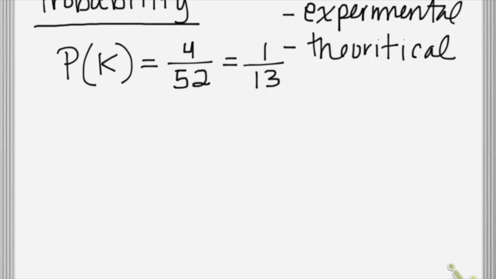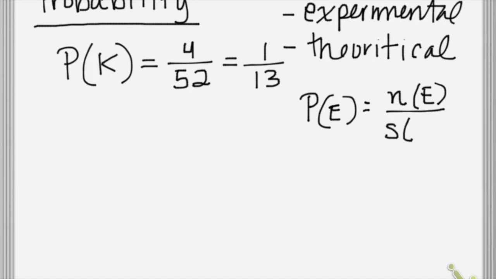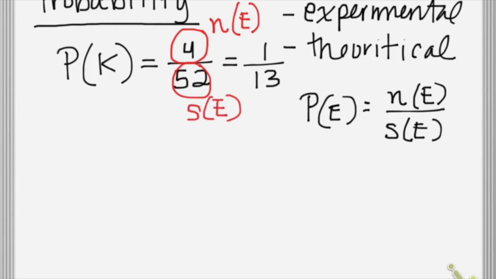In theoretical probability, we are filling in the equation for the probability of an event based upon the number of events that match a desired outcome over the total number of outcomes. So you can see that up here, what you did with the probability of drawing a king from a deck of cards. This was the number of events that match the desired outcome of king, and this was the number of total possible outcomes.